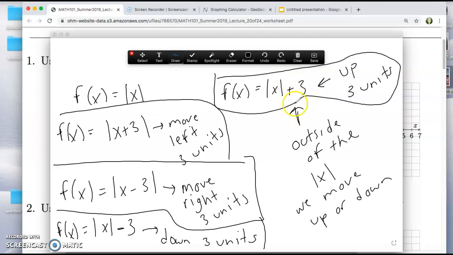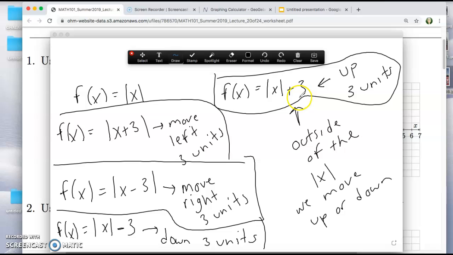The reason why you move up or down when the constant is on the outside of the function is because here you're only affecting the x value. I'm adding 3 to my x, right? Whatever my x is, I'm adding 3 to it, so I'm changing my x value.